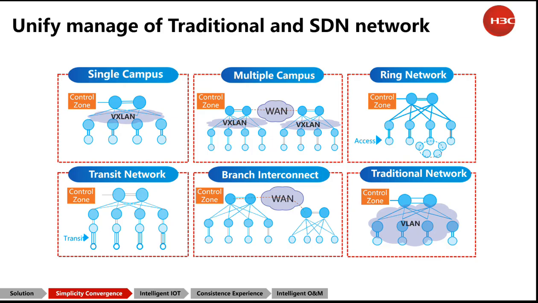With H3C's AD Campus, you can do software-defined networking on any networking, any type of configuration, and any combination of it. It's a single campus with a standard VXLAN design or just an old-school VLAN design. If you're talking about multiple campuses spanning over WAN links, ring topology, I know there's lots of old networks in South Africa that still run a ring design, pretty much any type of network that you have, SDN can be applied on it.